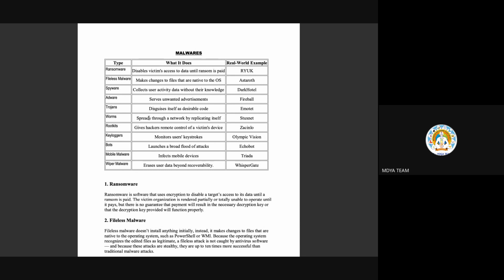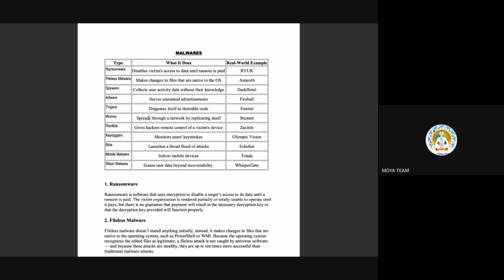Here, the first one is ransomware. Ransomware is a program which disables the victim's access to data until some ransom is paid. When you open your screen, a message flashes saying just pay this much amount to this account, and then we'll give you access to your system.